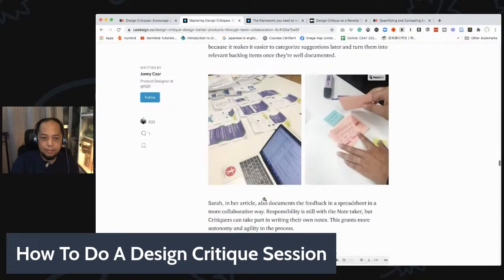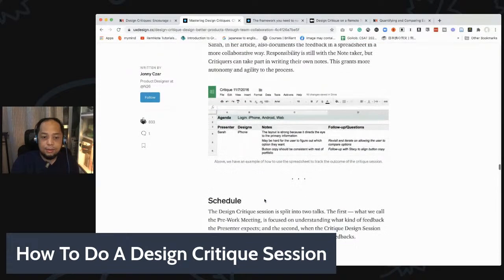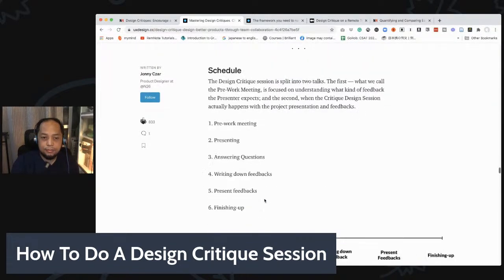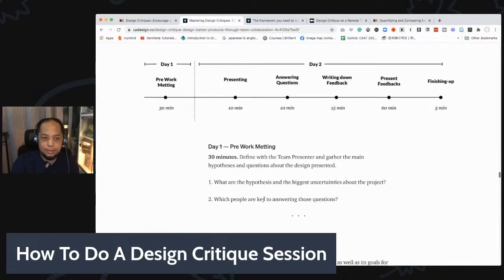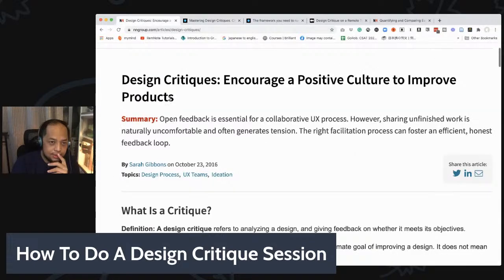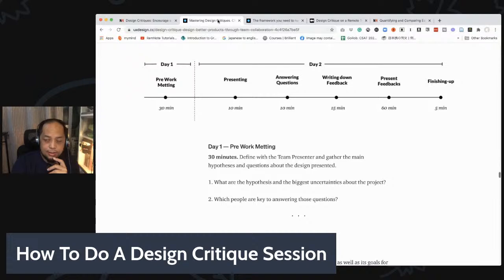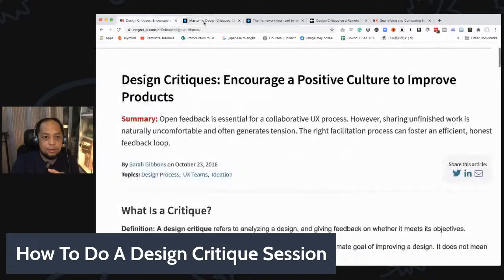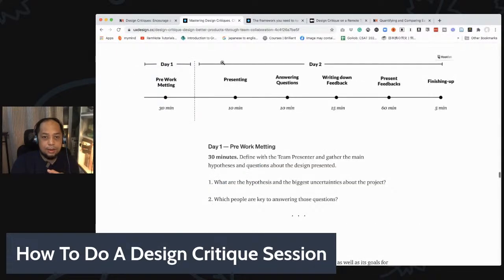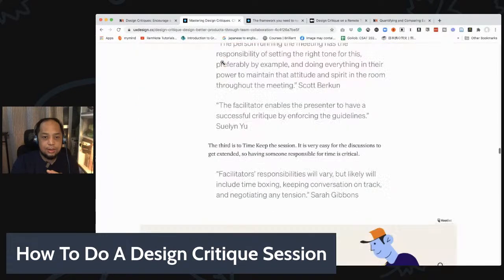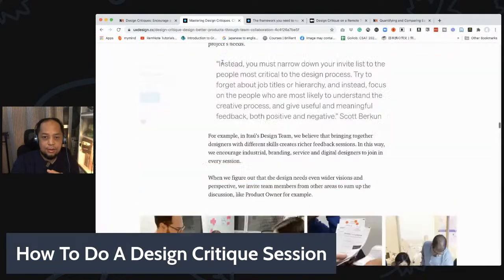Inspirations came up, but they're doing it by paper, so we do it now via Mural. Okay, and then scheduling. Nice.